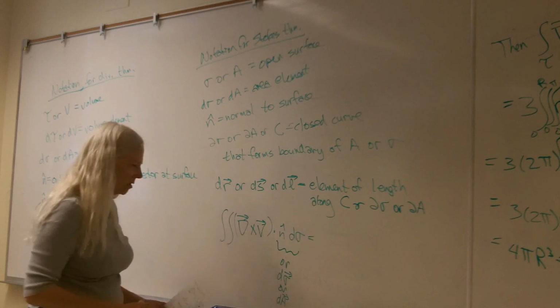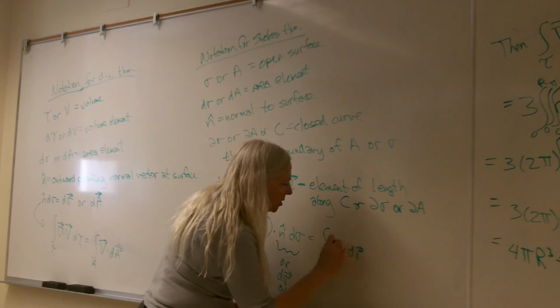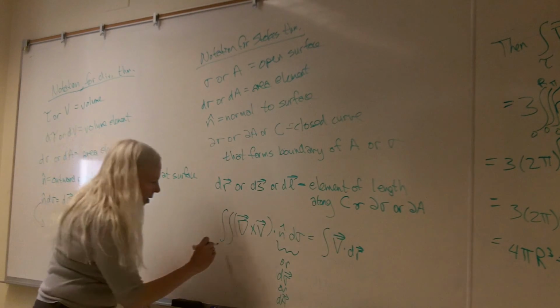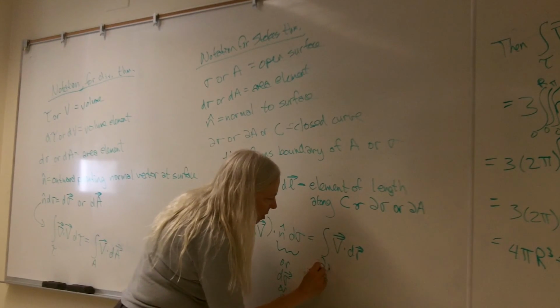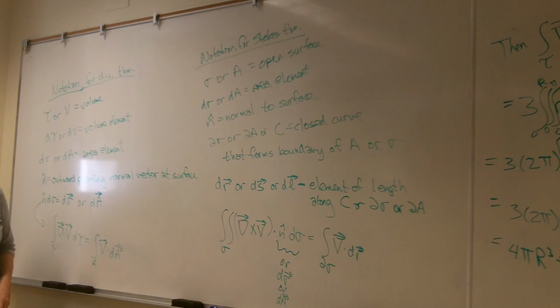Stoke's theorem tells us that this integral is equal to the integral of v dot dr or dl or ds, whichever of those symbols you prefer. This integral is over the area sigma or area A. This is over the curve C or delta sigma or delta A that forms the boundary.